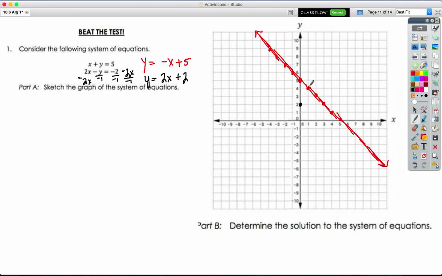So it goes up 2, right 1. Make a couple points here. You could go down 2, back 1. And we can already see our point of intersection being as accurate as possible so that we get the correct answer. The point of intersection for this system is the ordered pair 1, 4. So that is the solution to the system. So 1, 4.